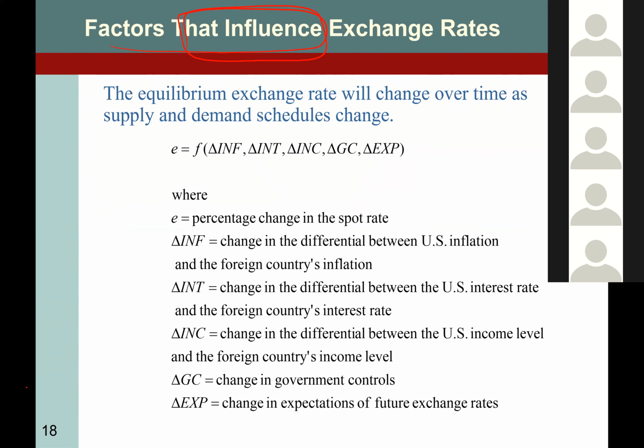And what are those factors? They are change in inflation, change in interest rate, change in income, change in government controls, and change in expectations. Whenever these kinds of incidents occur, our exchange rate would change.